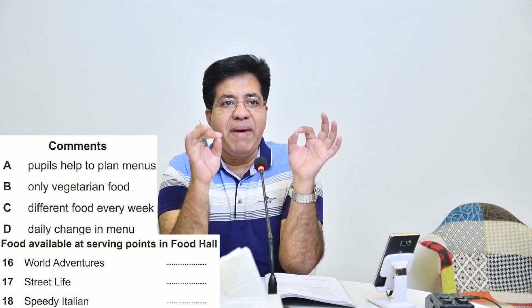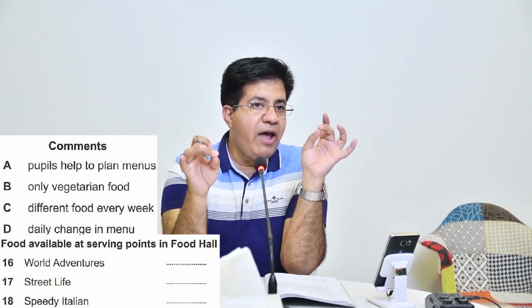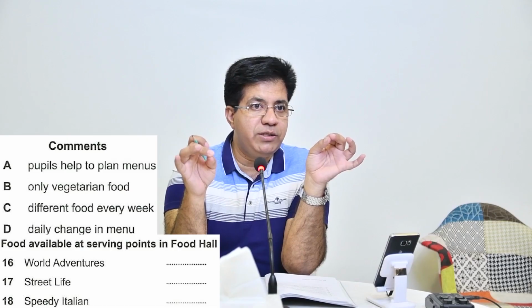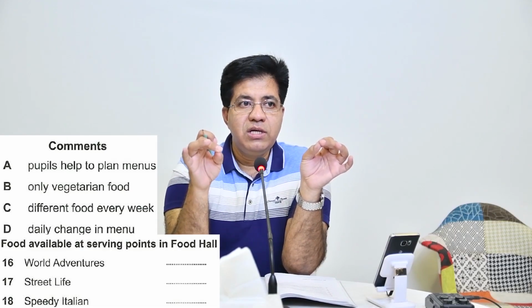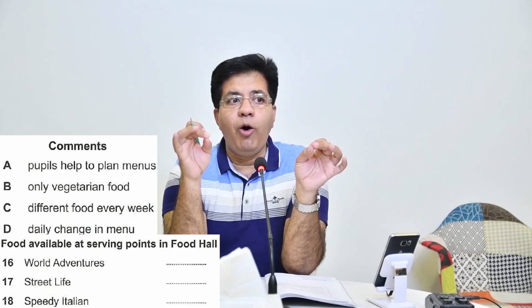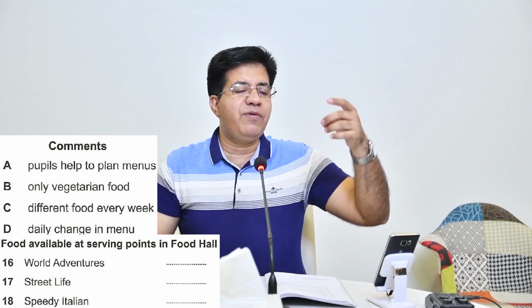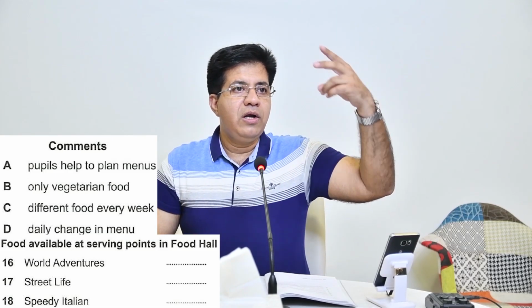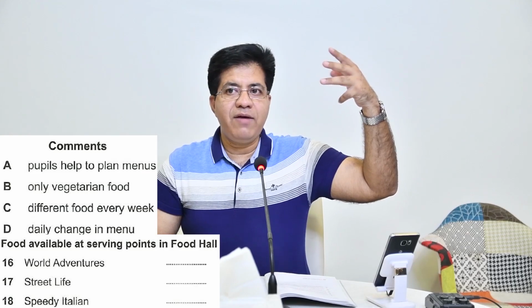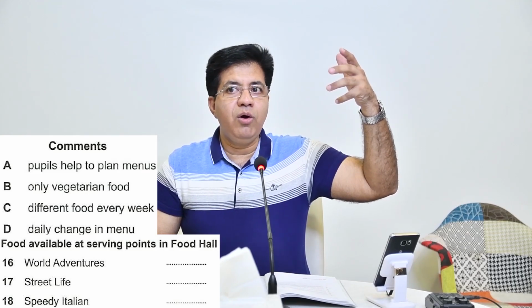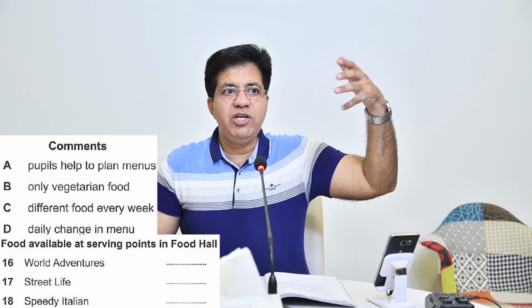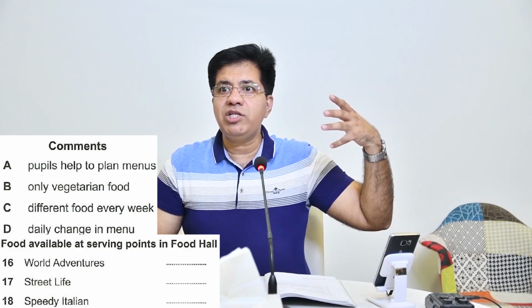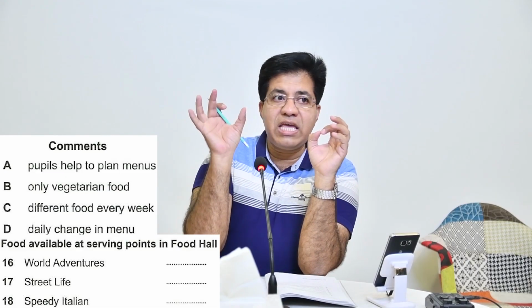Whenever they give you matching type questions, you have to see where the information is. Sometimes information is in the questions. Sometimes information is in the options. What is information? If they write, for example, New York, London, Paris, do we have any information in these three names? No. Right? If they say Pakistan, India, Bangladesh, there's no information. So you have to see where they give information.